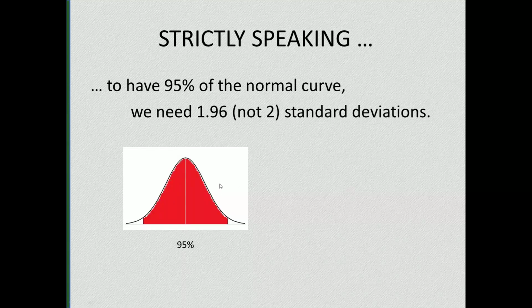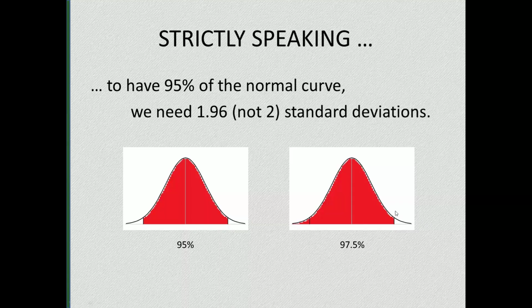We want 95% out of the middle of the curve. Remember how Excel sets up its normal distribution formulas. It bases them on a certain point on down. If this is 95%, there's 5% total out in the 2 tails, so 2.5 down here, 2.5 up here. So this portion of things is 97.5% of the curve. Our norm.s.inverse function tells us that if we want to be exact, it's 1.96 standard deviations.